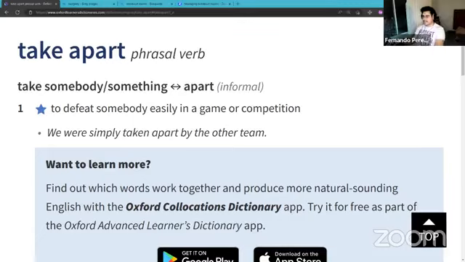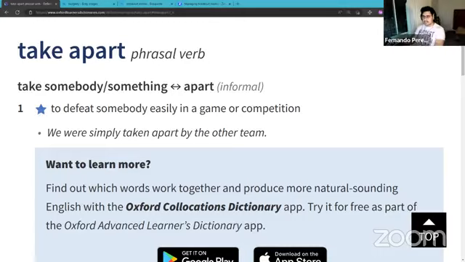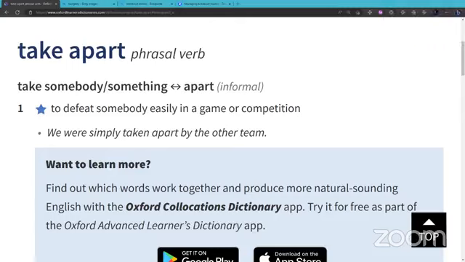Okay, read the example. Yes, we were simple and are... It doesn't say simple. I don't know how to pronounce it.